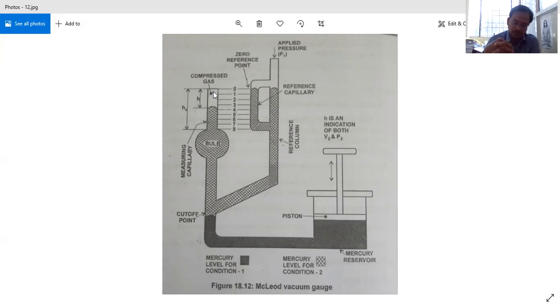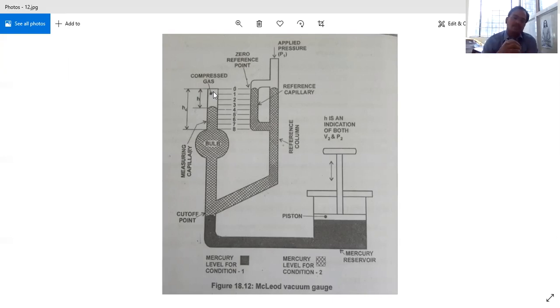But one more limitation: it cannot give a continuous output. That is the major drawback of this McLeod vacuum gauge. It means it has some hysteresis effect.